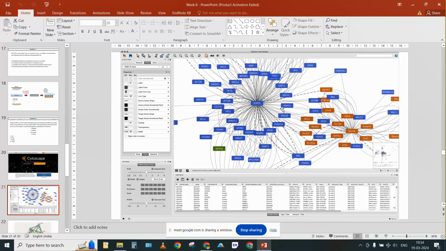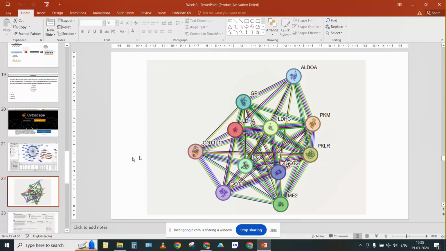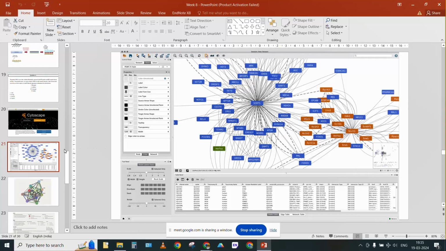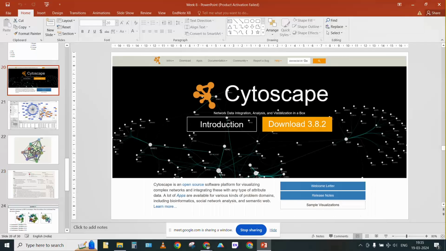You can use Cytoscape either as software or as a web server also. This is the network by String, and this is the network by Cytoscape. Now I'll clear some of the concepts of what Cytoscape and what String is.